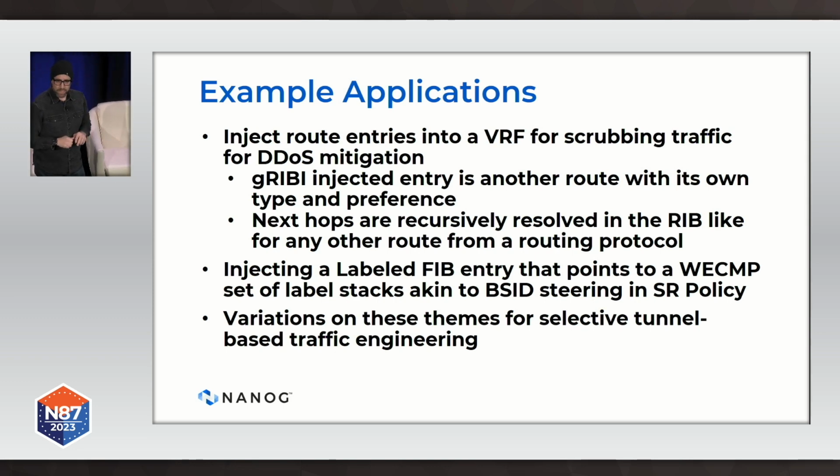I can also create label stacks, which allow me to send traffic across a variety of different traffic engineered paths. And it need not necessarily be an MPLS label stack. It could be a combination of IP tunnels, GRE tunnels. A variety of different forwarding constructs can be applied here.